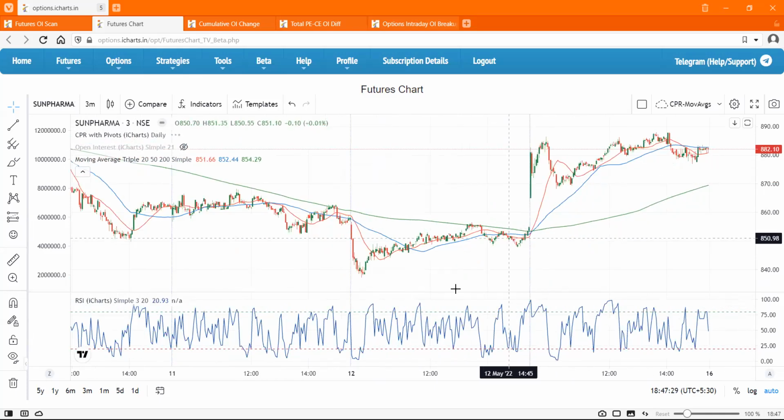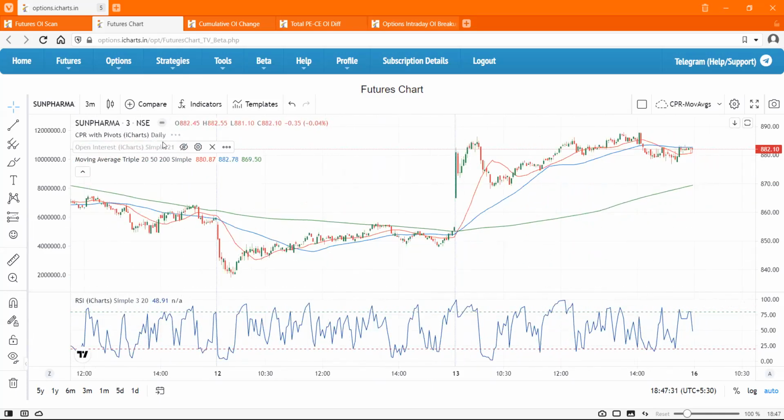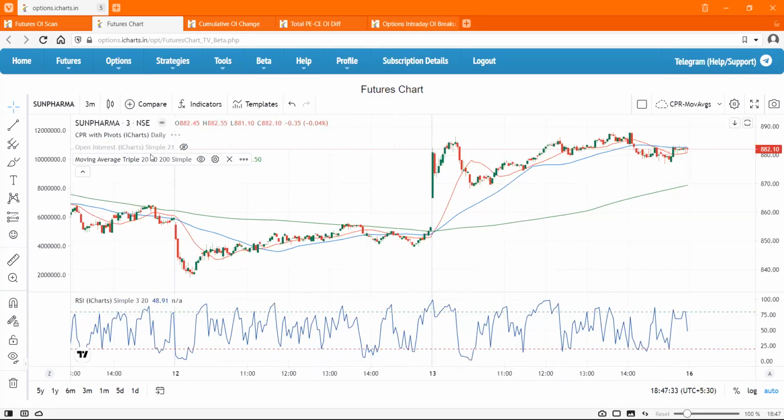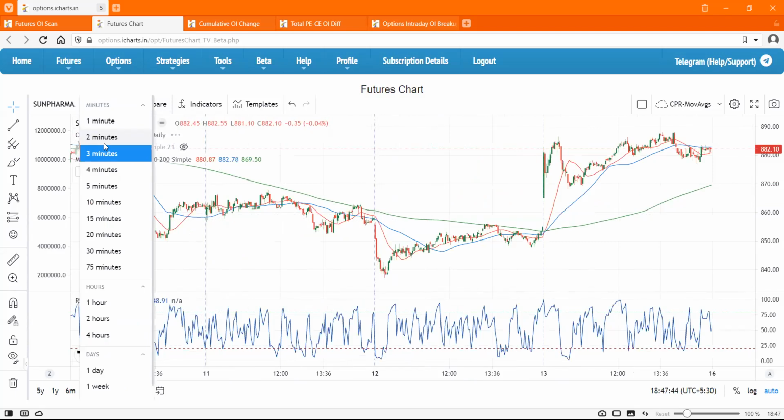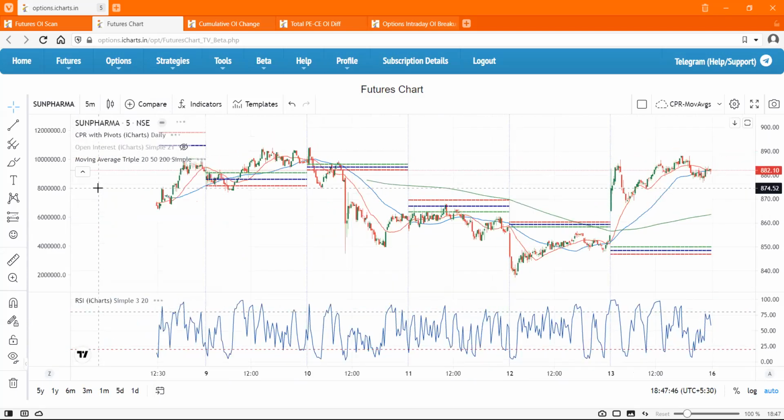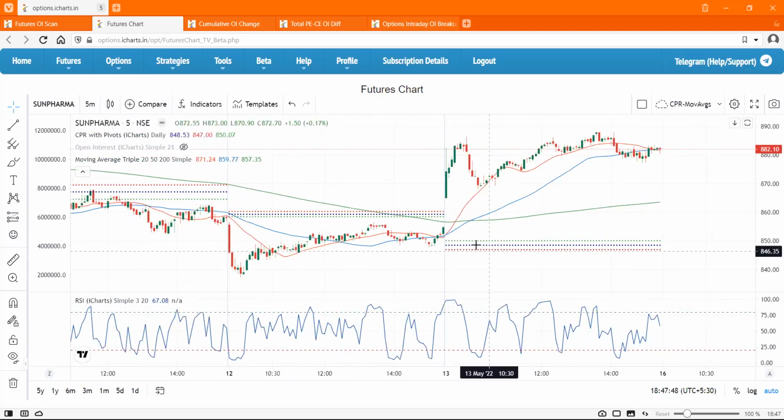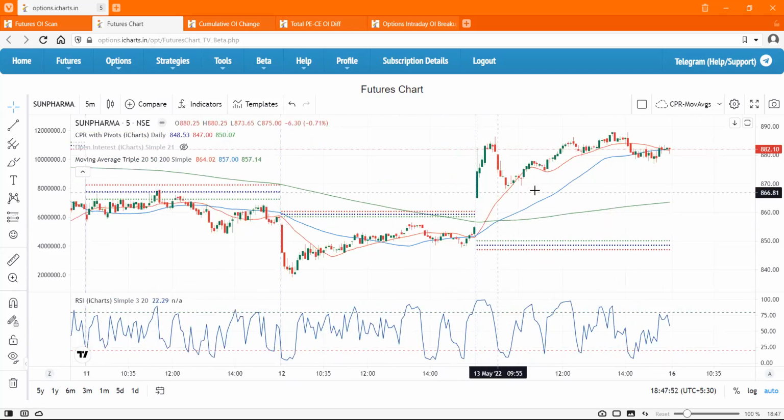Like have CPR in place, so it tells you that it is in the correct direction. Price being above CPR tells you that it is bullish.